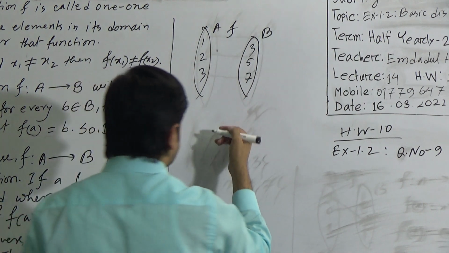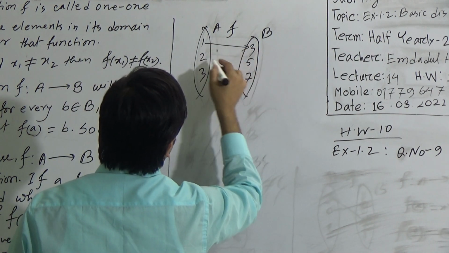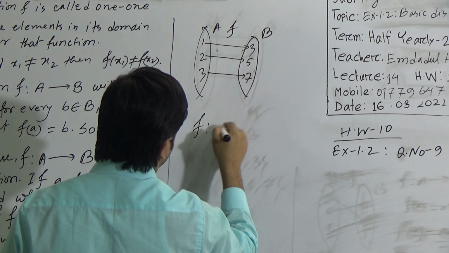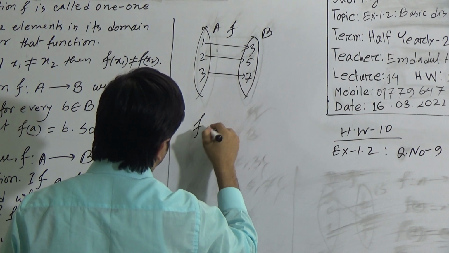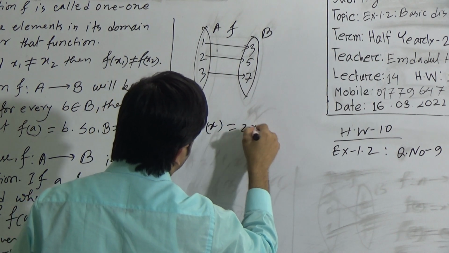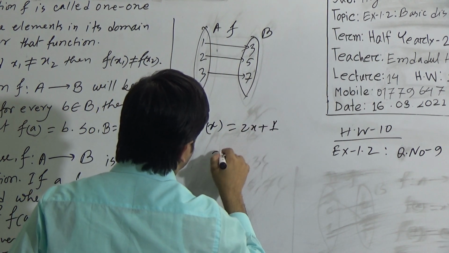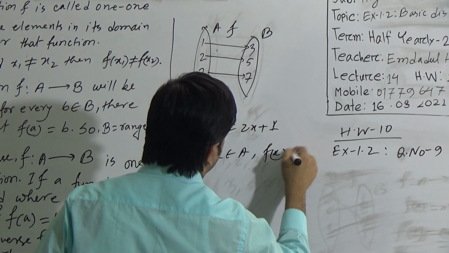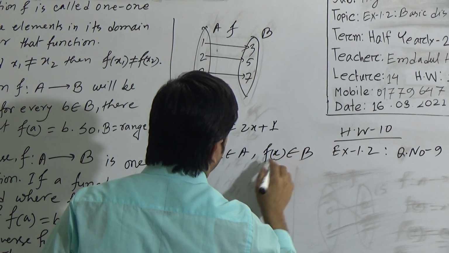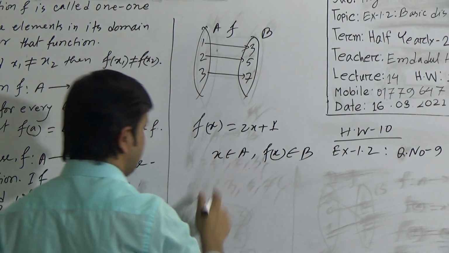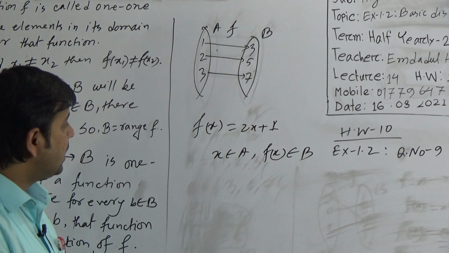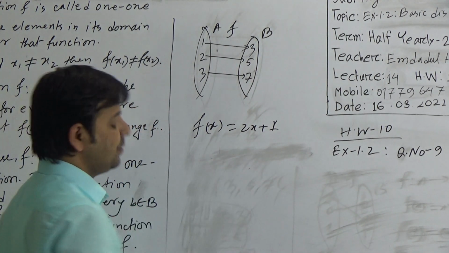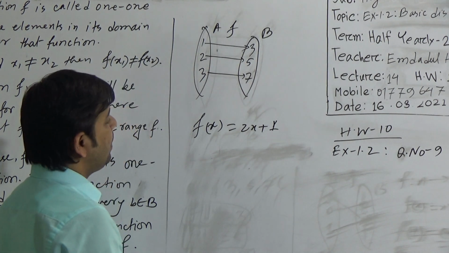Then 1 maps to 3, 2 maps to 5, 3 maps to 7. Now, we can define the function f from A to B. It means that consider f(x) equal to 2x plus 1, where x belongs to A and f(x) belongs to B.